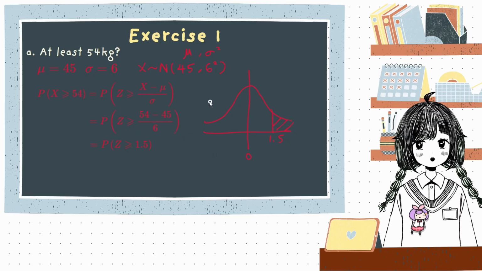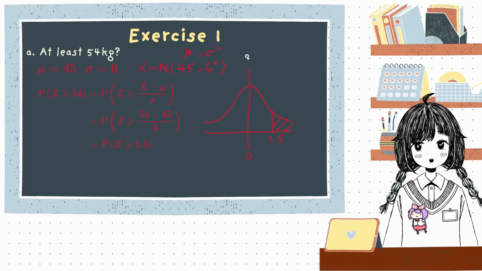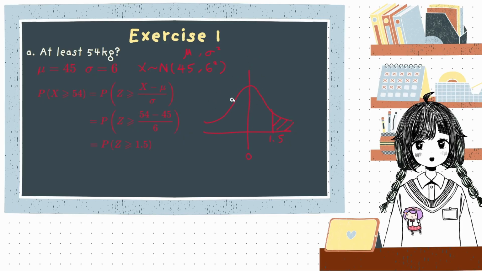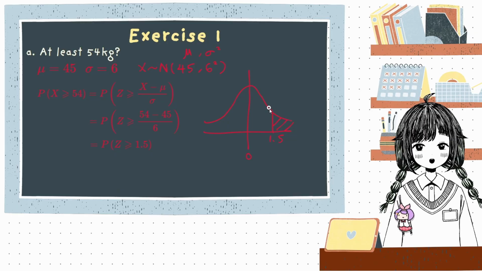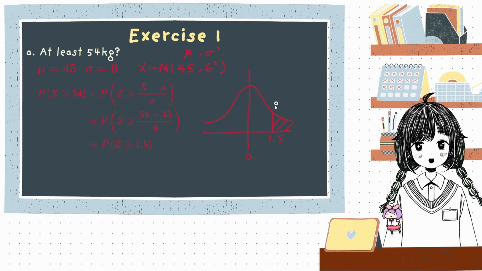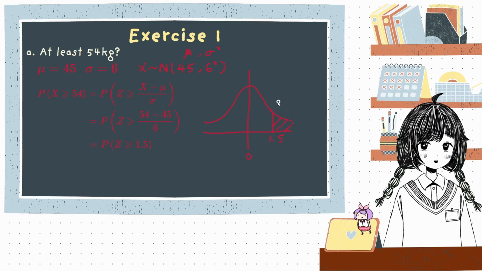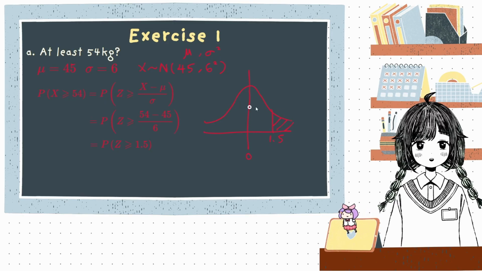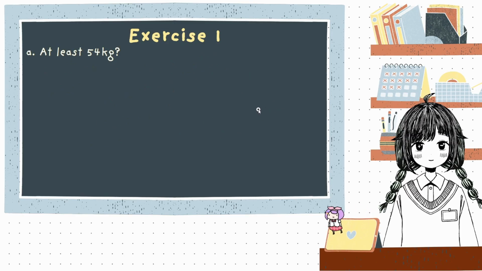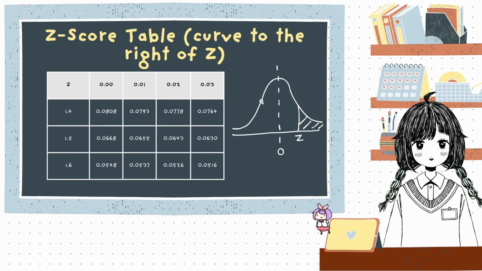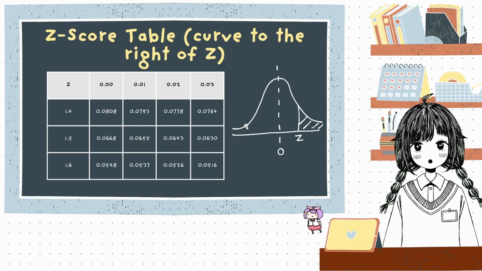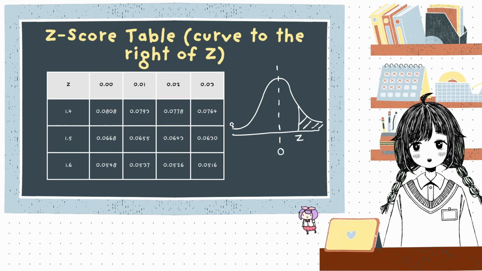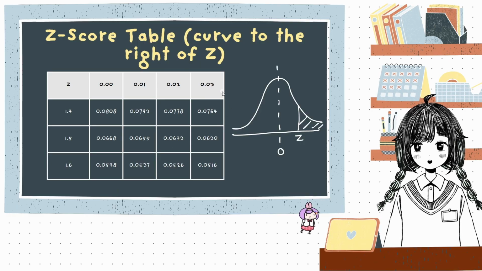Next, we need to refer to the z-score table, and since this graph shows at least 1.5, meaning it's on the right side of the normal distribution, this graph looks exactly like this table, so no need to think further and we just use the table as is.